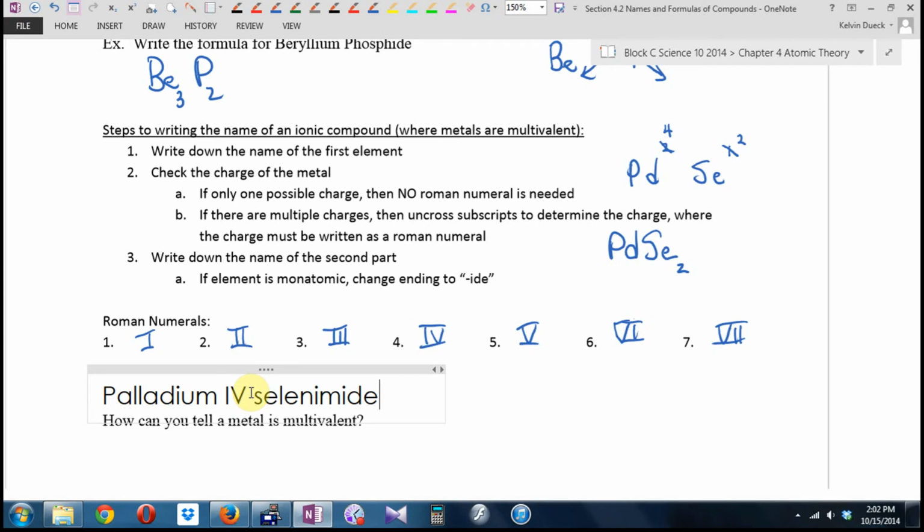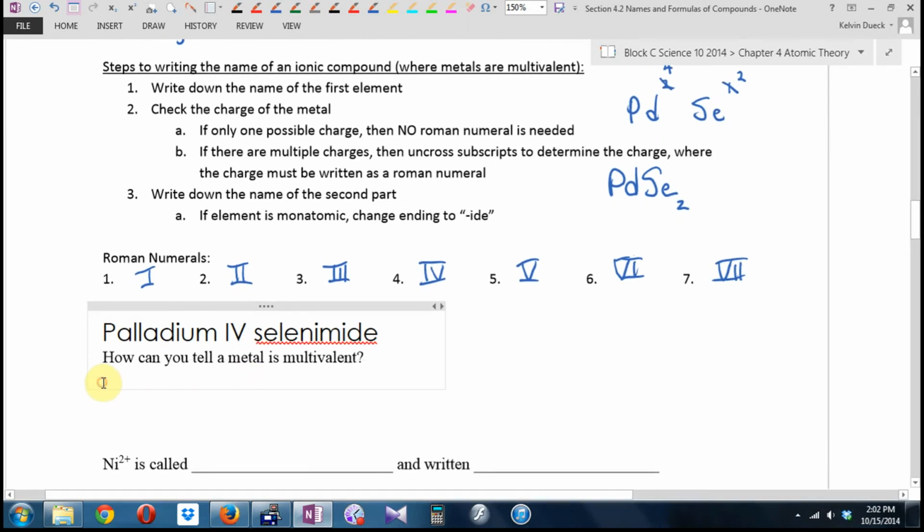So multivalent means Roman numerals, or if you see Roman numerals, that means multivalent. That means be a little more afraid. Sorry, I can't water it down. How can you tell if a metal is multivalent? Well, I just kind of gave you a hint.